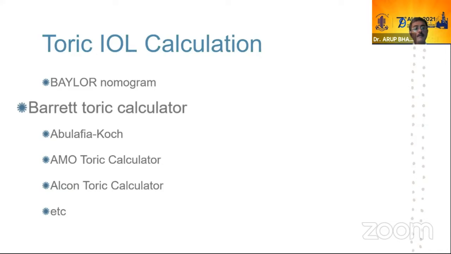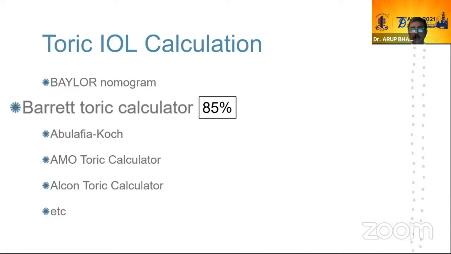The most popular is the Barrett IOL calculation, and it has only 85% accuracy. So 0.2 is a benchmark, 0.3 is a benchmark, and that is almost 20% of the toricity intended to correct. It has only 85% accuracy in the Barrett toric calculator.